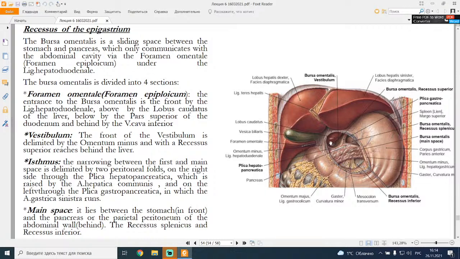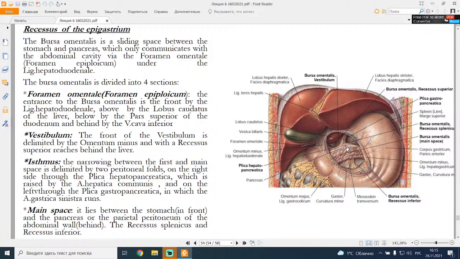Next, vestibulum. The front of the vestibulum is delimited by the omentum minus, with the recessus superior, which reaches behind the liver. Isthmus, the narrowing between the first and main space, is delimited by 2 peritoneal folds.